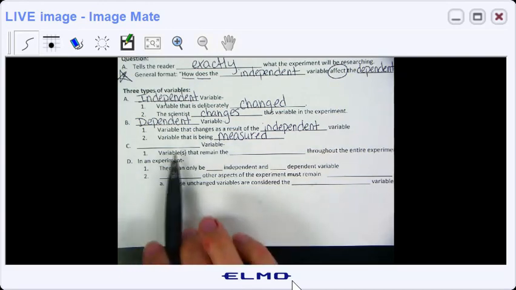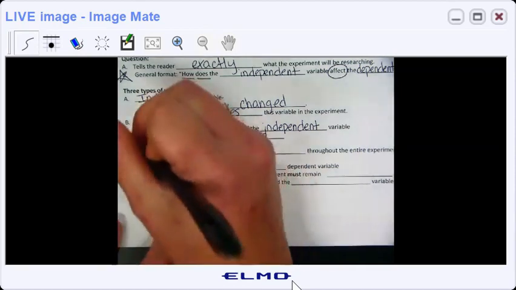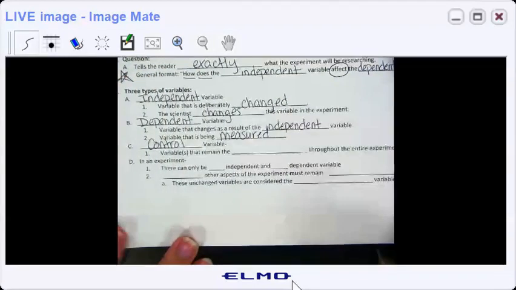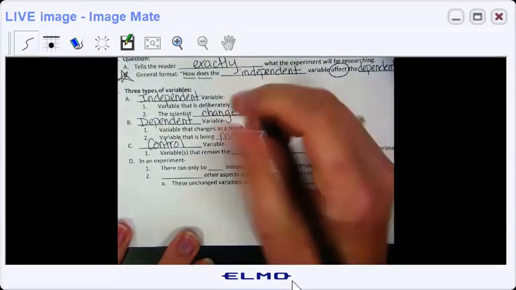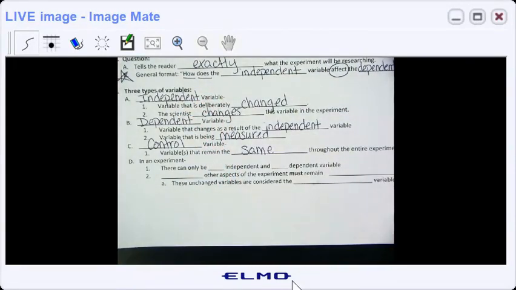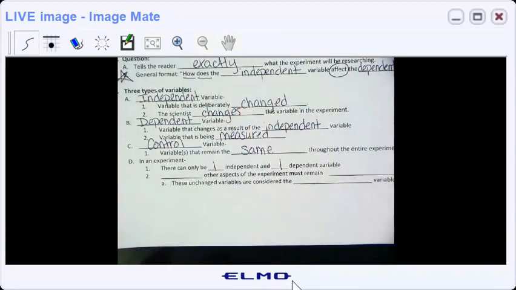The last type of variable is one you might be more familiar with. It's the control or the constant variable. These variables, there's usually more than one, have to remain the same throughout the entire experiment. Because if they were to change, they would alter your results, and then you would not have consistent results. So control variables must remain the same. There can only be one independent and one dependent variable.